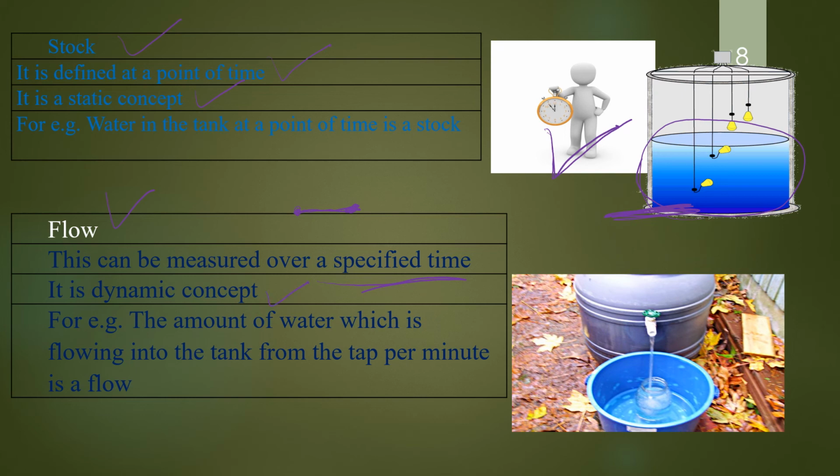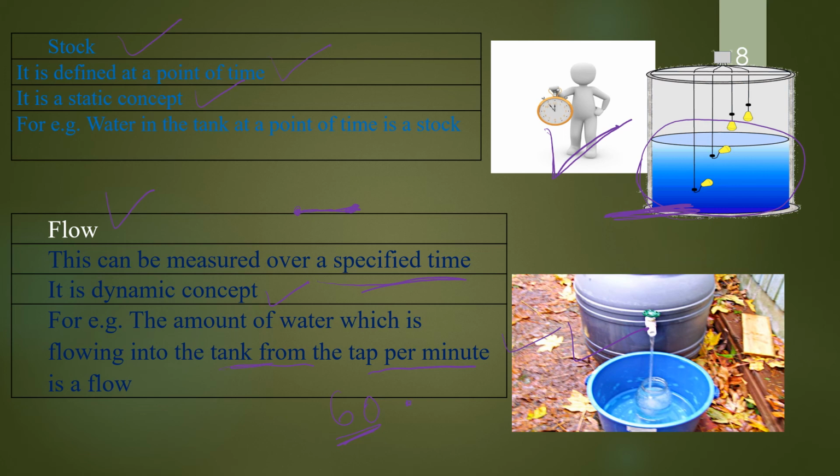The good example they have given here is the water flowing from the tap per minute. Here you can see in the picture the amount of water which is flowing into the tank from the tap per minute. Per minute means there will be 60 seconds, right?